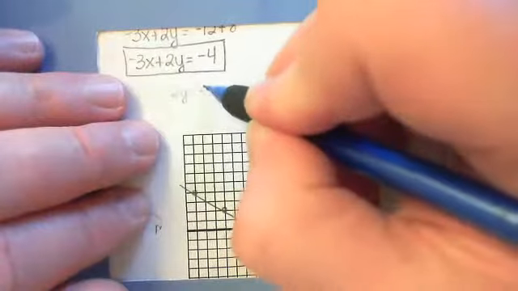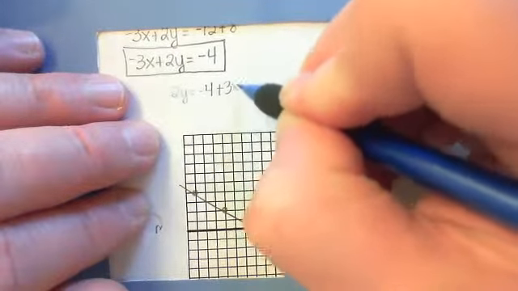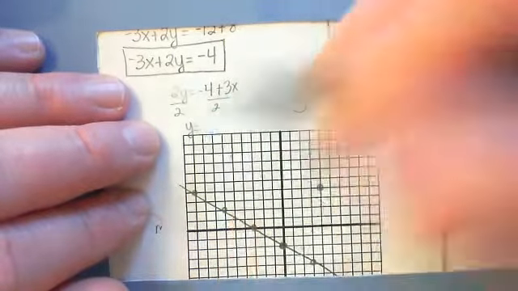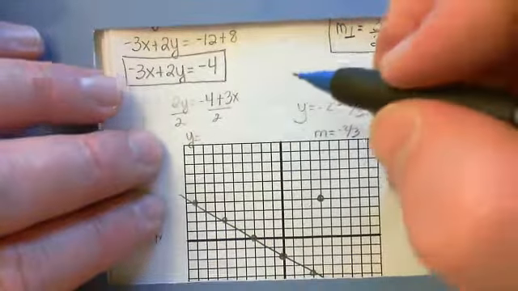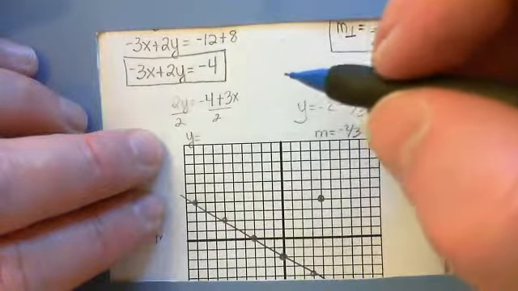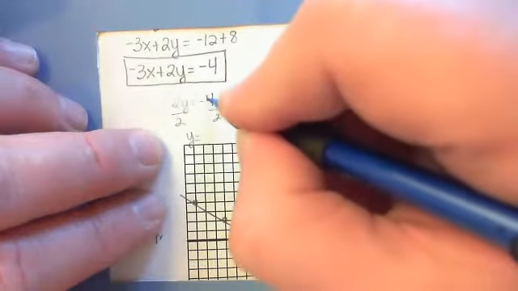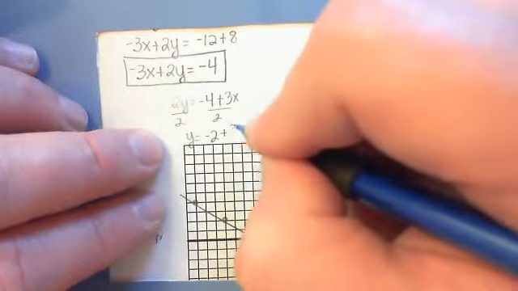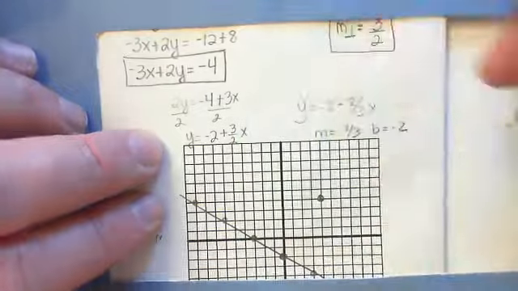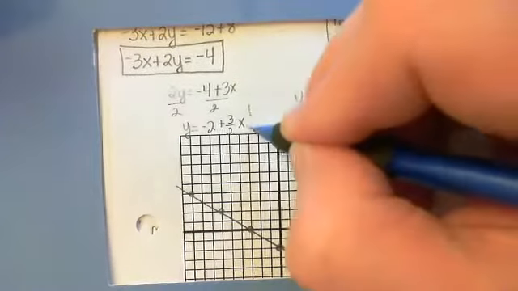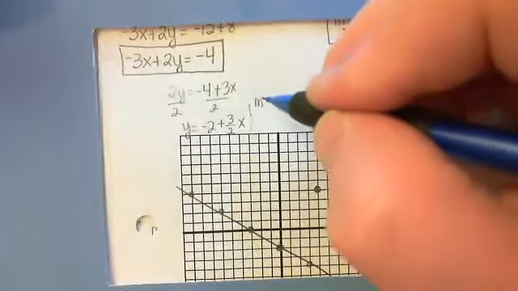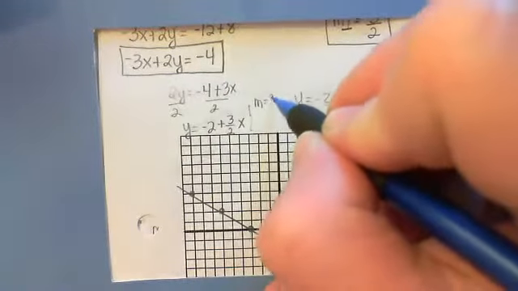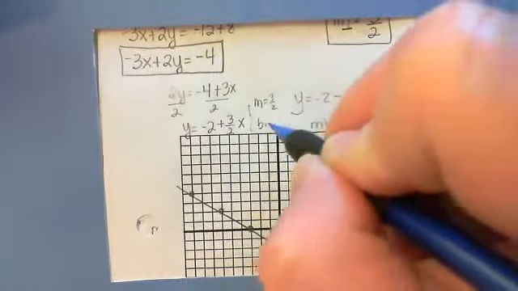So this would be negative 4 plus 3x. We divided by 2. So this would be y equals negative 4 divided by 2, which is negative 2, and this would be 3/2 x. So that means my slope is 3/2, and my b is negative 2.